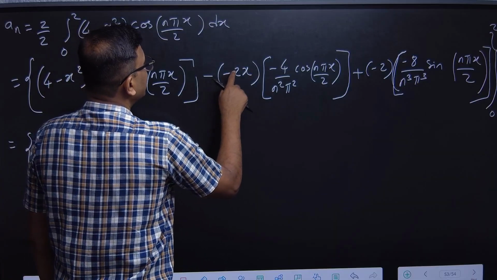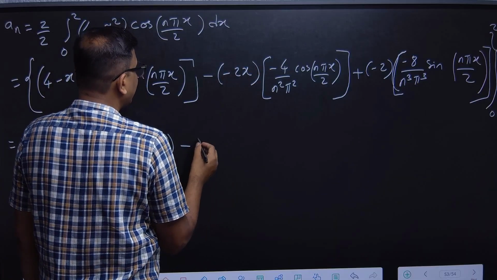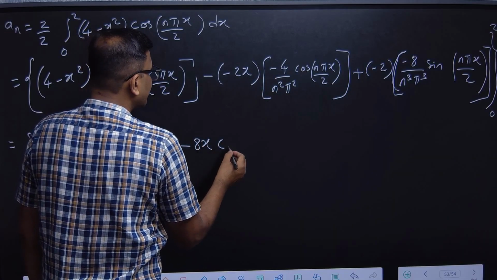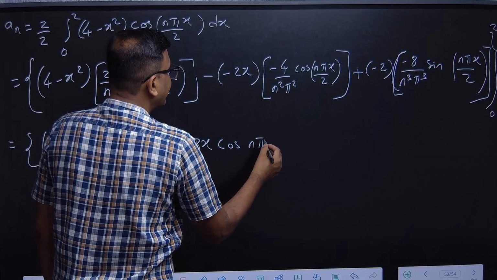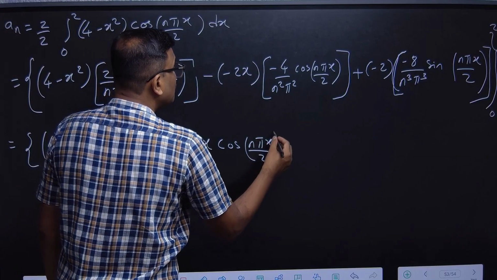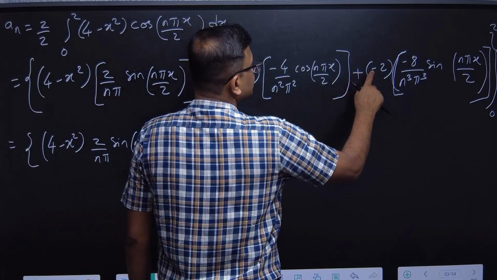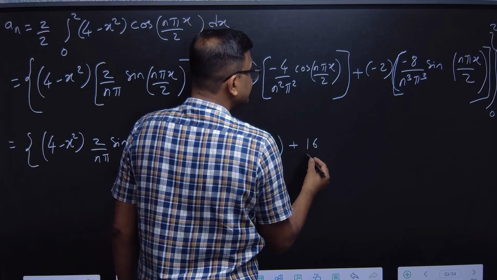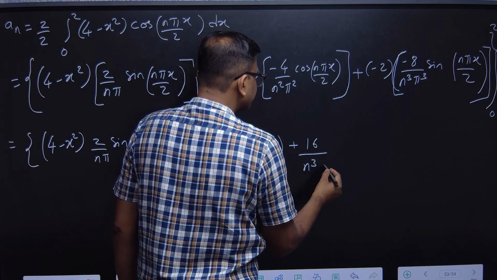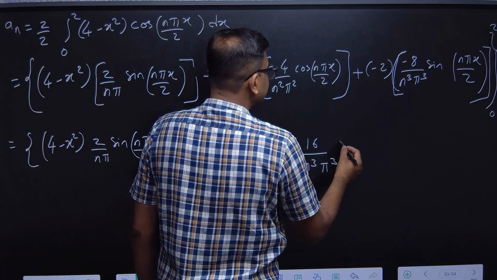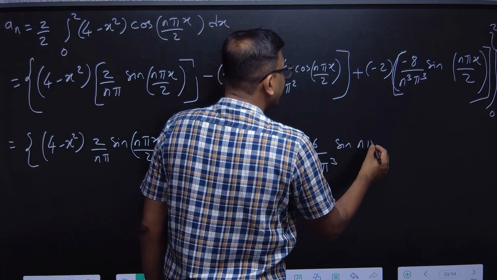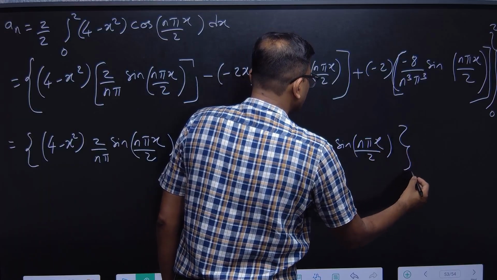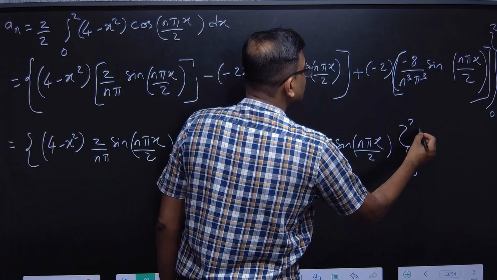Minus into minus is plus, plus into minus is minus, 4 into 2 is 8, so minus 8x into cos of n pi x upon 2. Then minus into minus will be plus, plus into plus is plus, 8 into 2 is 16, so plus 16 upon n cube pi cube sin n pi x upon 2, within the limit 0 to 2.